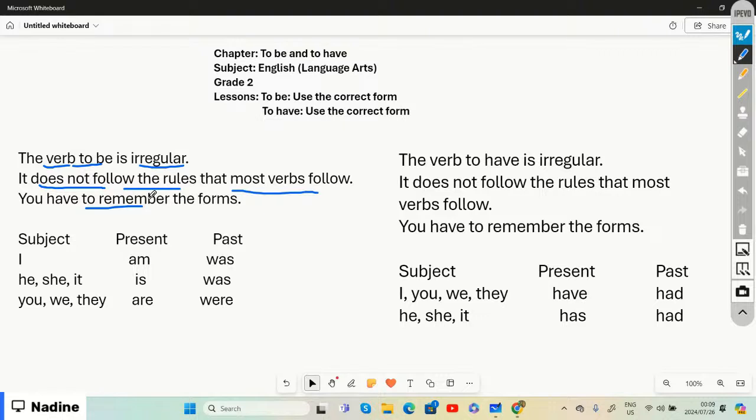And then we will check the present tense as well as the past tense form of that specific verb. And then we also have to have, and to have is also irregular and it does not follow any rules that most verbs follow. So you're just going to have to remember the form.